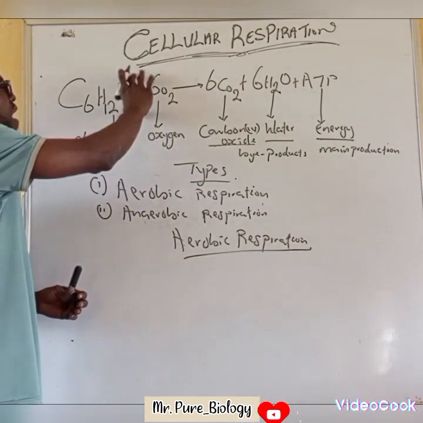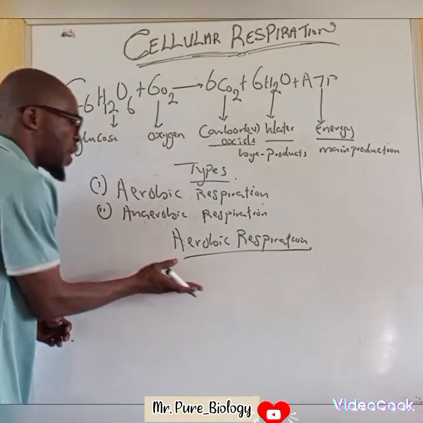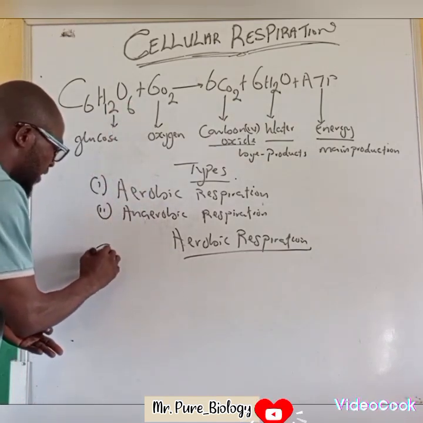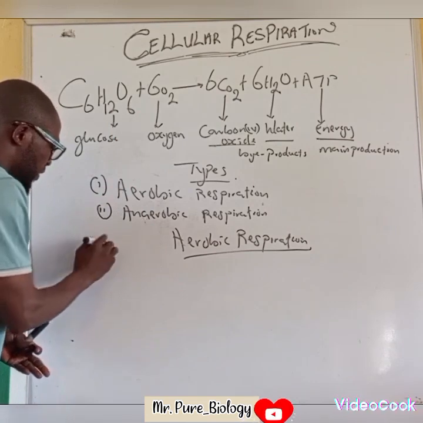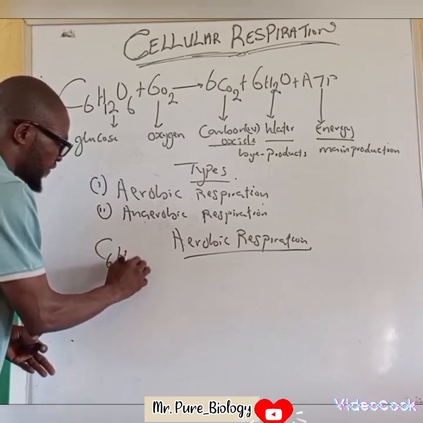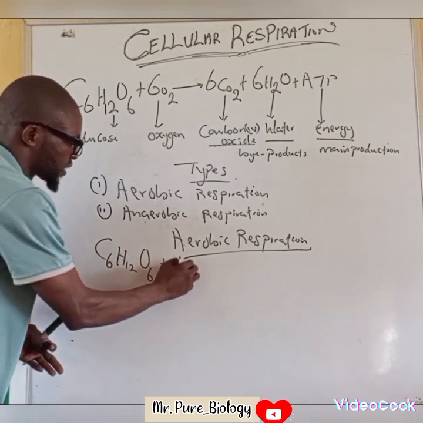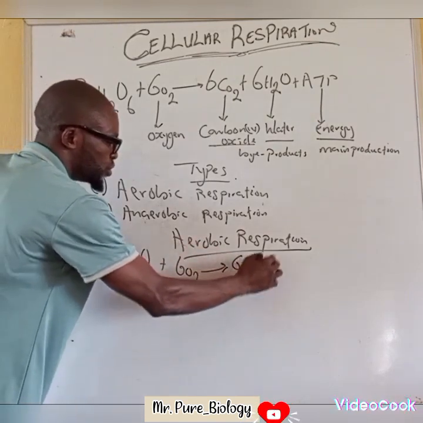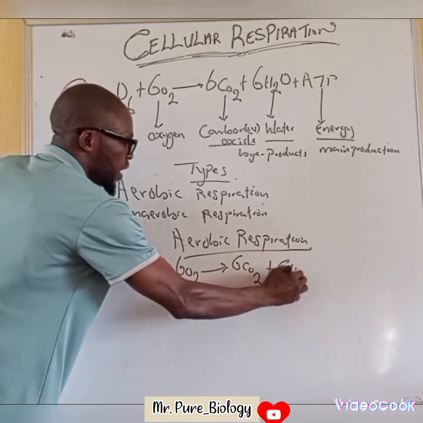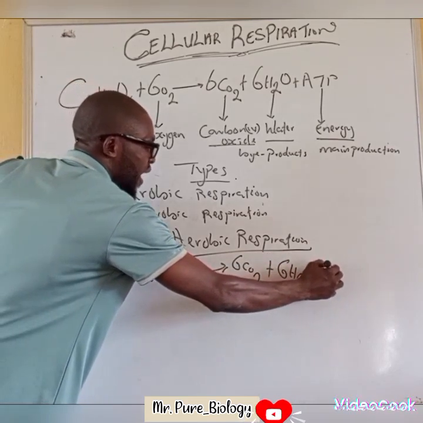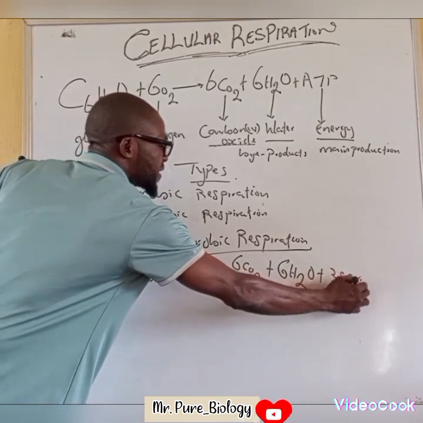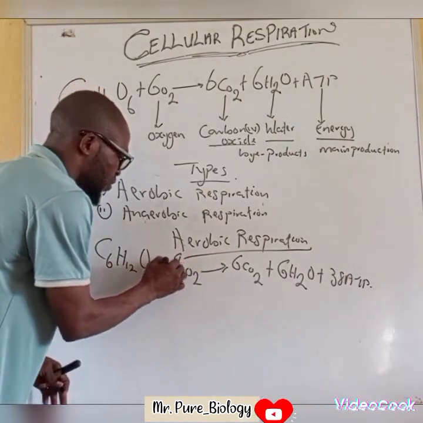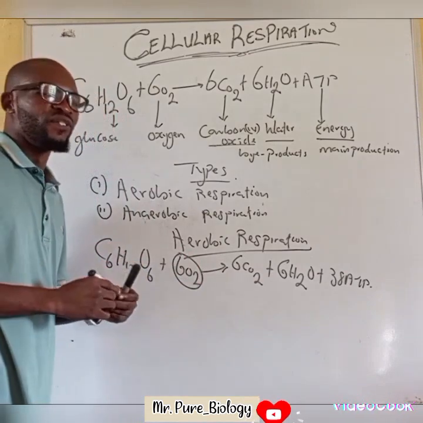So this cellular respiration equation is meant for aerobic respiration, where glucose, C6H12O6, plus 6O2 is going to give us 6CO2 plus 6H2O plus, at times we say, 38 ATP. That is when oxygen is involved.